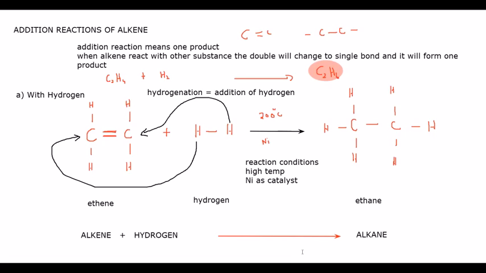Another example for this, say you have, instead of showing all the hydrogen bonds, I will just show carbon-carbon bonds. So CH2, double bond CH, single bond CH3. Can you identify this alkene?